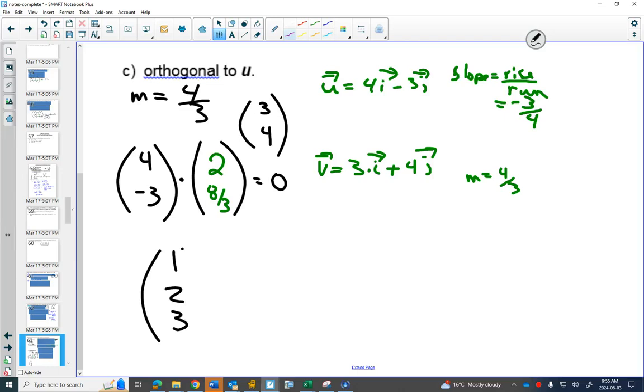Let's say I had 1, 2, 3, and I wanted a vector perpendicular to 1, 2, 3. Well, that means the dot product would have to equal 0. Can you see you could basically put any numbers in here? I'd probably start here. I'd probably say, well, let's make this 5.